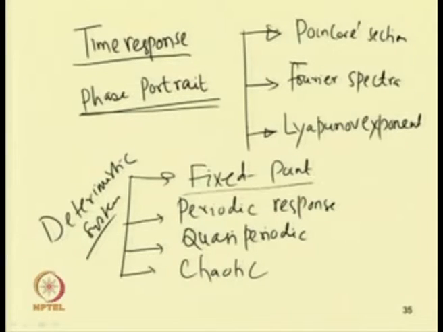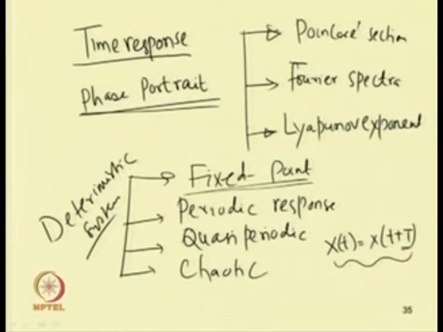So, in case of fixed point response, the response becomes either a trivial fixed point or non-trivial fixed point. In case of periodic response, the response x t equal to x t plus T. So, we can find a minimum time period after which we can observe that the system response repeats.